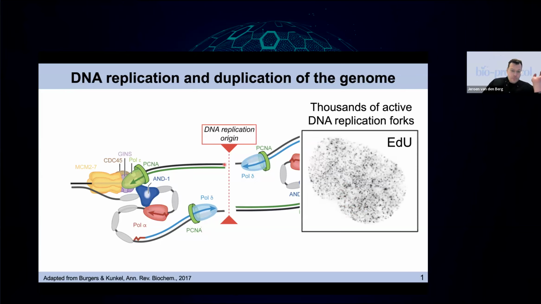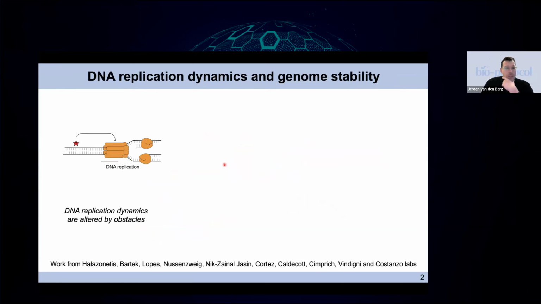So why do I think working on DNA replication, and especially these dynamics, is important? You can imagine that once one of these replisomes or replication fork machines encounters an obstacle in the DNA, such as DNA damage, that obstacle needs to be repaired before the replication machinery moves over, and an error is made that cannot be reverted anymore.